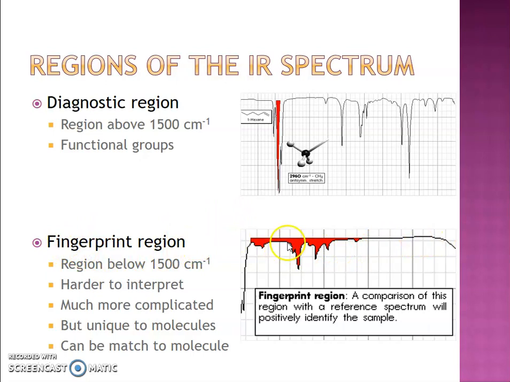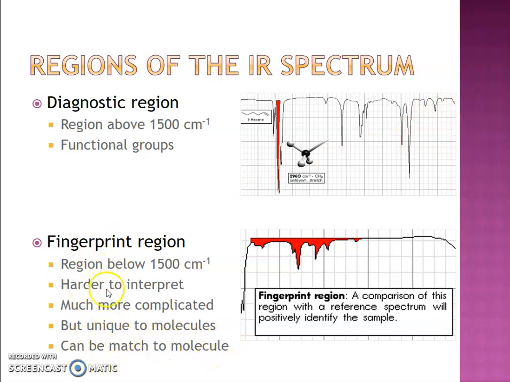The fingerprint region is down here on the right side, enlarged. This is the fingerprint region. The region below 1,500 is harder to interpret and much more complicated, but unique to the molecule. Sometimes for some molecules we need to use the fingerprint region to deduce the structure, and it can be matched to the molecule.